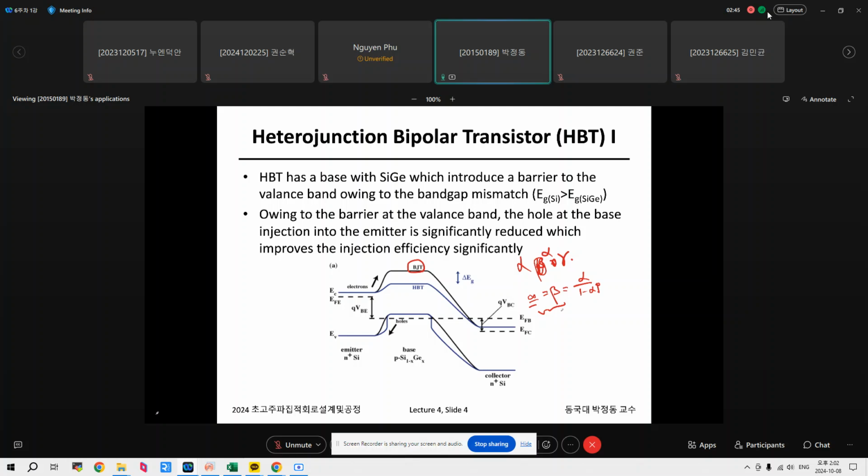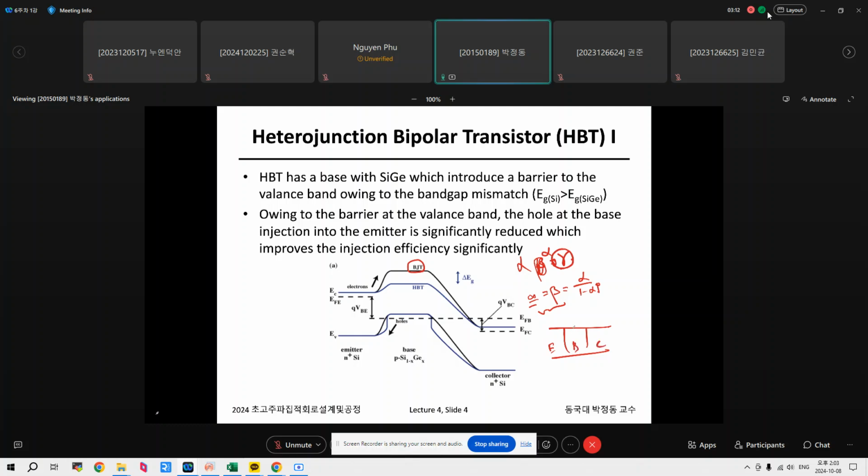We want to have a BJT with the largest possible beta. So to improve emitter injection efficiency for a conventional BJT, let's say this is the emitter, this is the base, and this is the collector.